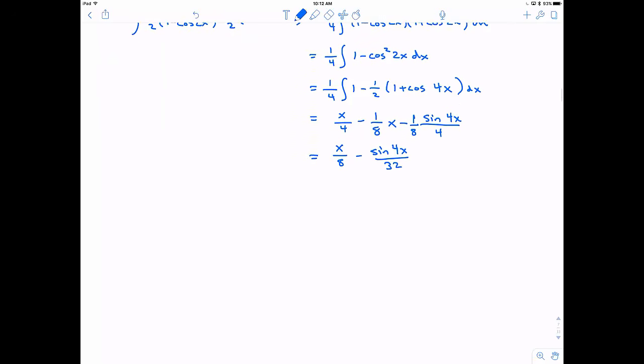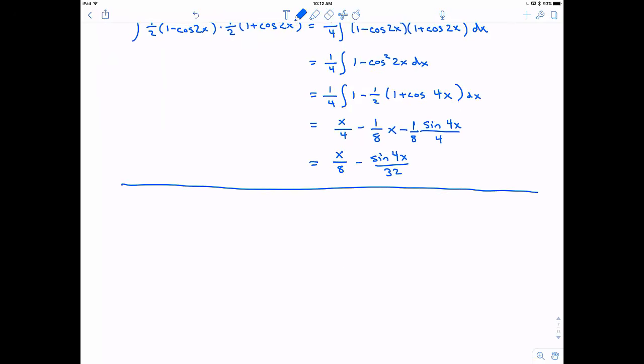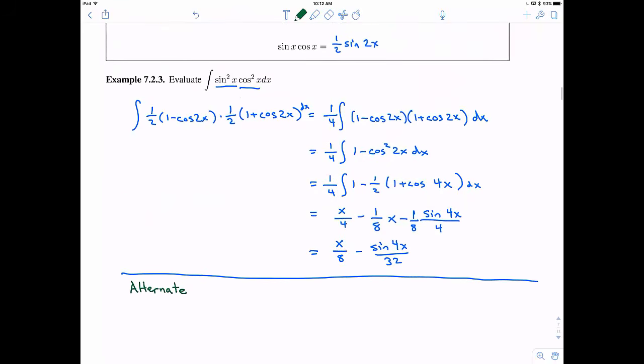All right, so there's my final answer, and I wanted to do this in a second way, an alternative way, which I personally think is a little bit faster, and that's going to be using this sine x cosine x rule here. So notice that we can think of this as sine x times cosine x quantity squared dx.